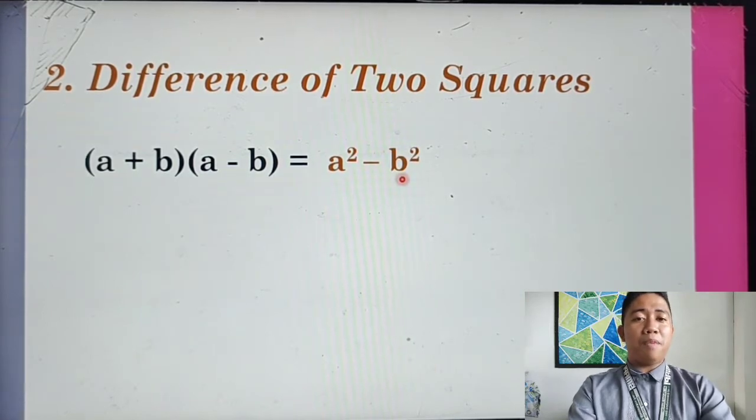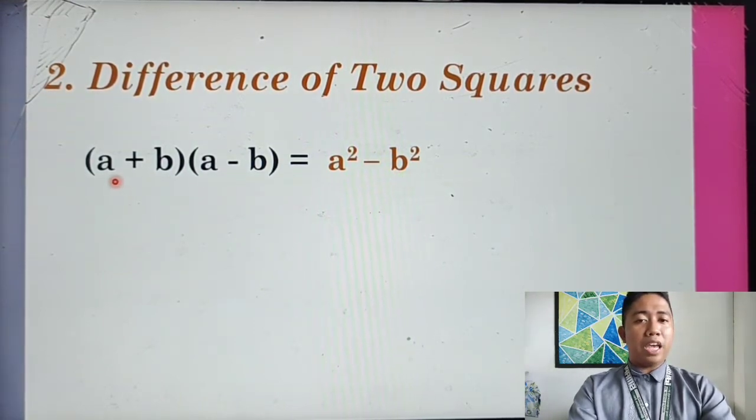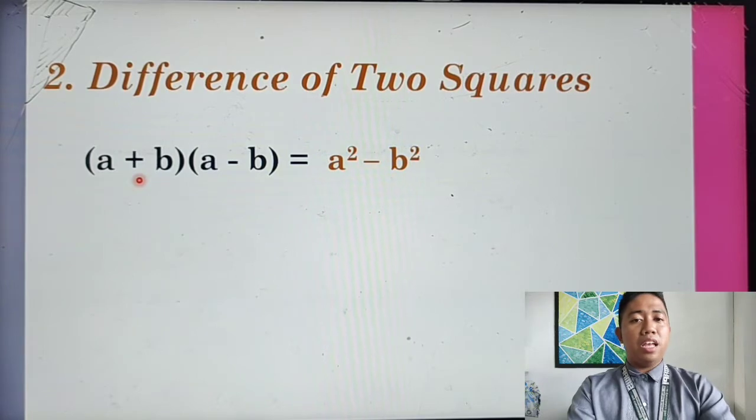The shortcut for simplifying the difference of two squares is to multiply the first term of every factor, A times A, which is A squared. The product of the different signs, positive and negative, becomes negative, and the product of the last terms, B times B, is B squared. So A plus B times A minus B is equal to A squared minus B squared.